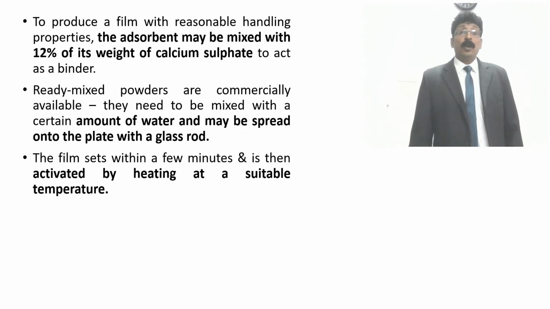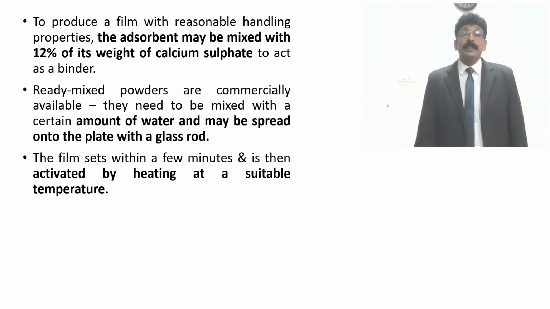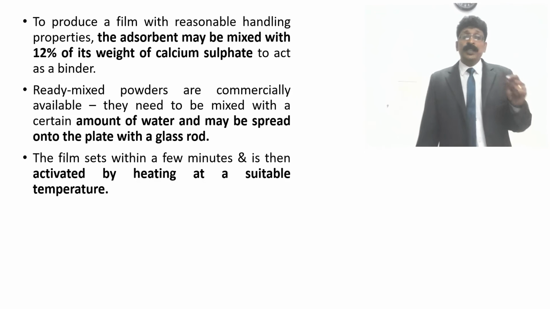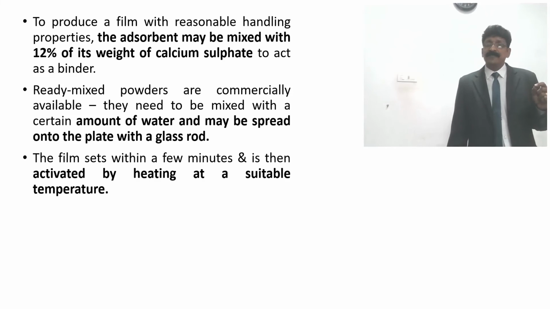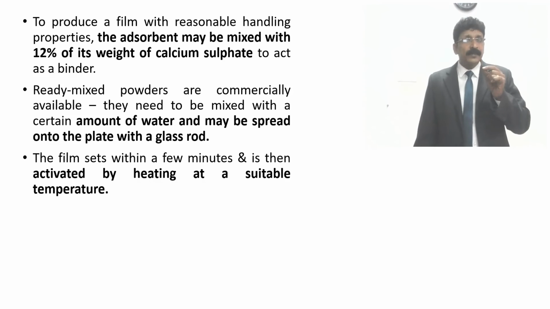They need to be mixed with a certain amount of water, and may be spread onto the plate with a glass rod. The film sets within a few minutes and is then activated. Activated, you just note it down, students.